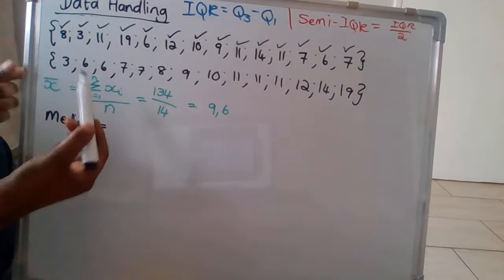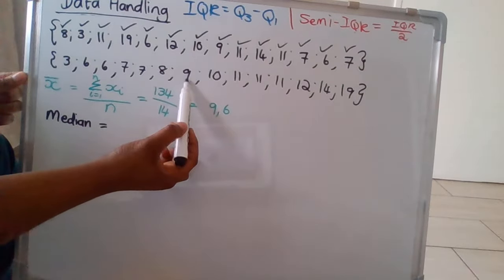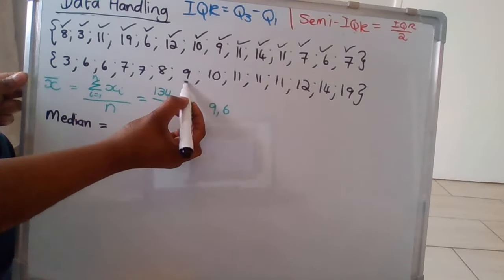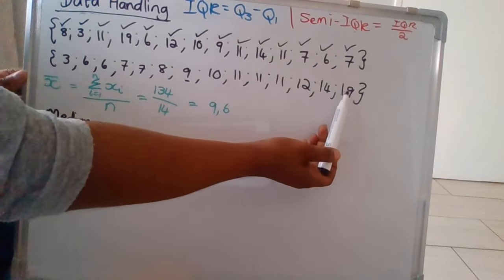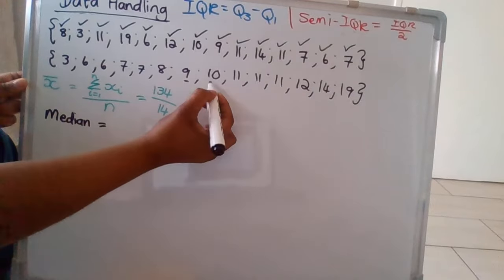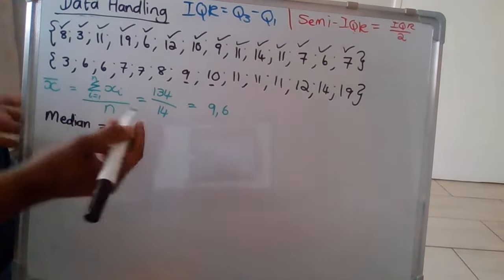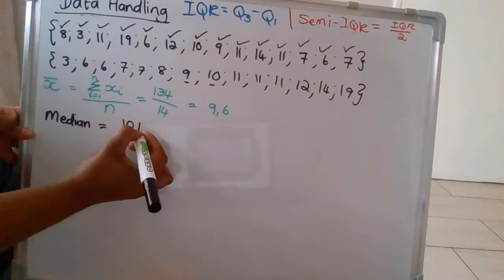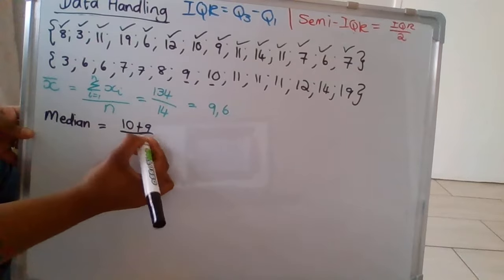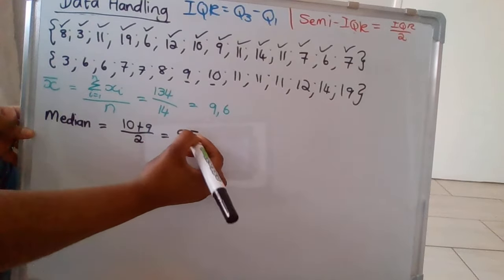So I must count 1, 2, 3, 4, 5, 6, 7 this way. Okay. And here I must count again 1, 2, 3, 4, 5, 6, 7. So these here are my two middle values. So my median is going to be 10 plus 9 divided by 2, which gives me 9.5.